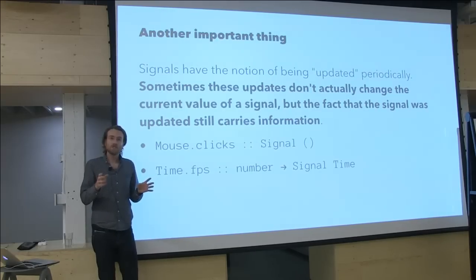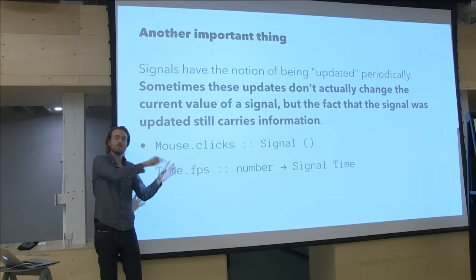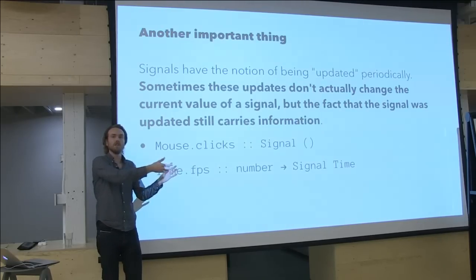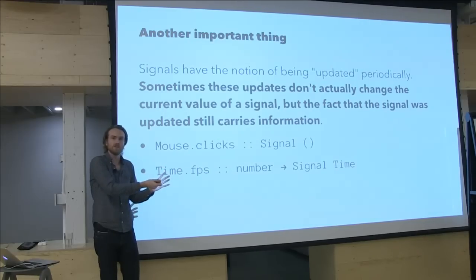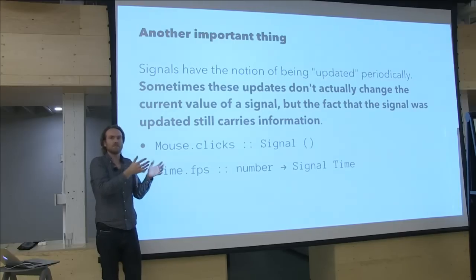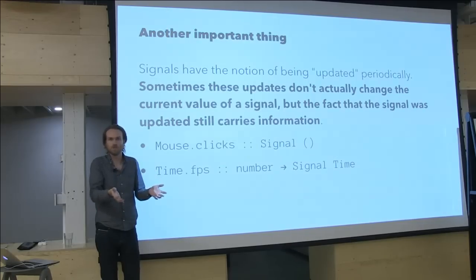And there's no way, in code, to look at the mouse click signal and imperatively sample it at some point in time to find out what its current value is. You'll see as we go on, you can't ever ask for the current value of a signal. You can only ever transform it into other signals based on particular rules.